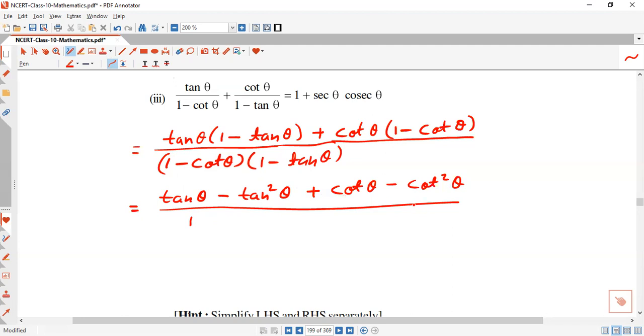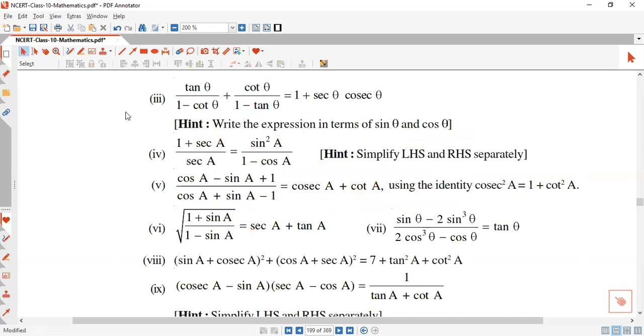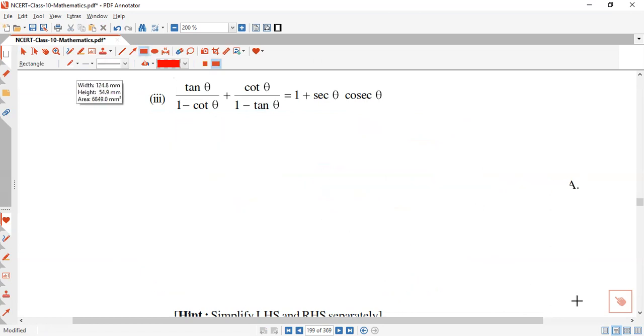All right, it's better if we convert into sine and cos and then solve it. I will do this left hand side, converting the expression into sine and cos.